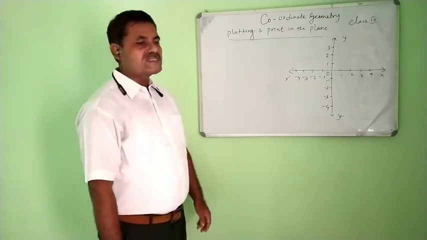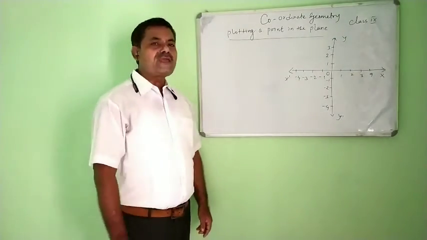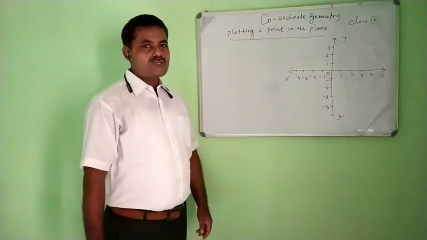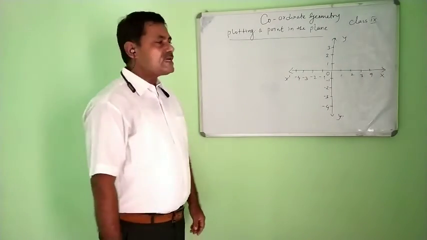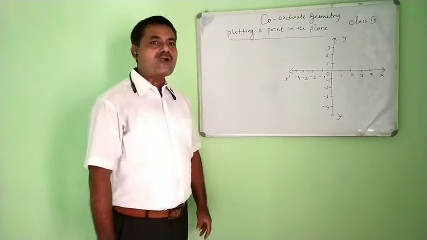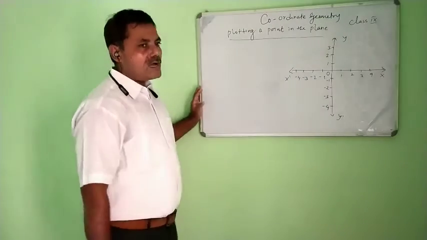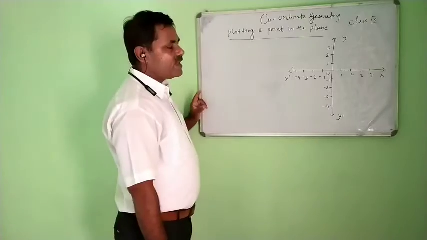Today I am going to explain to you about plotting a point in the plane of coordinate geometry. As you know about the quadrants, their axes, and abscissa and ordinate, you are able to plot a point in the plane.